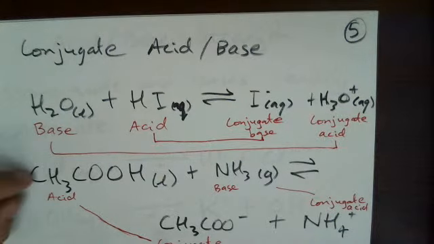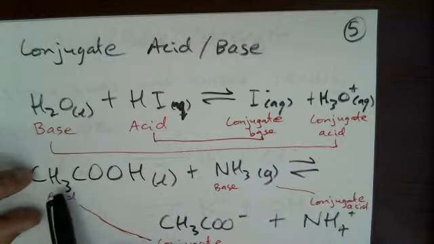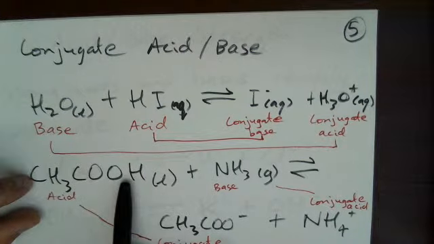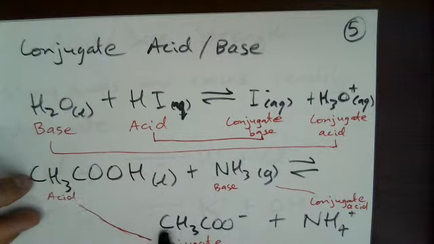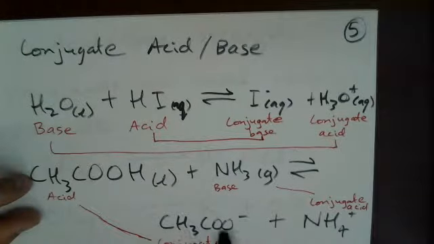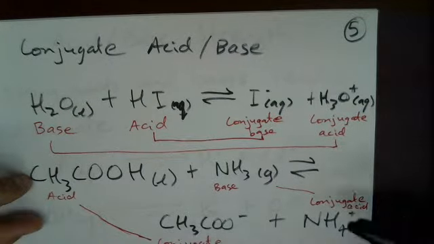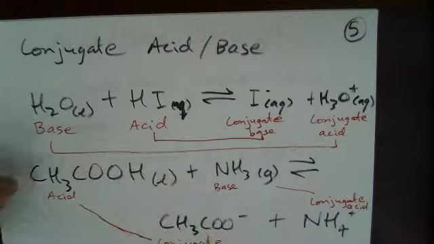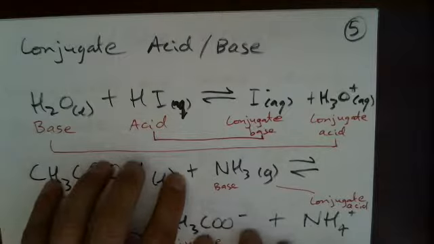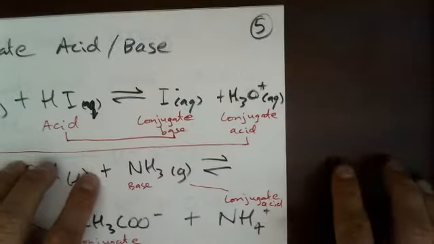Acetic acid with ammonia, for instance, this acetic acid is going to lose its proton and form this acetate species. This is the acid, this is the conjugate base. This is a proton donor. This is the proton acceptor when it goes back over through these arrows. So this, if I had enough room on the paper, it would be this here and that over the other side here.